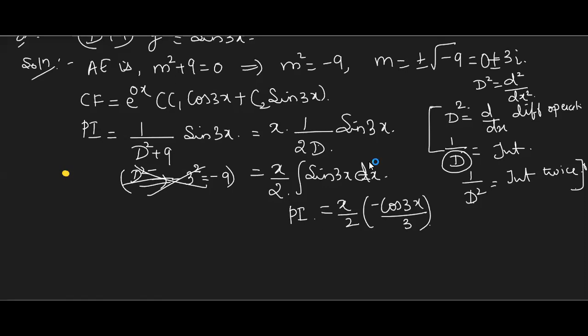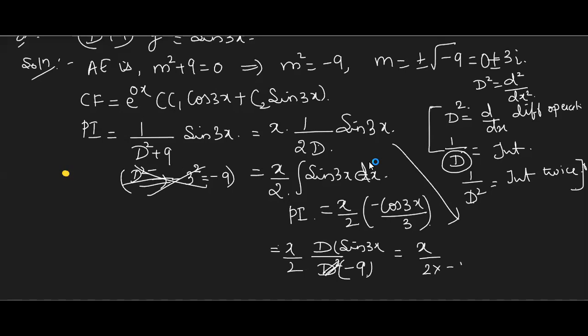Did you understand the other part? See here, I can just explain it over here. What you have to do is multiply and divide. You have x by 2, multiply and divide by D. So numerator D, denominator D square. So D square has to be replaced by -9. Correct? According to the procedure. Then this D operates on sine 3x. So this is x by 2 into -9.